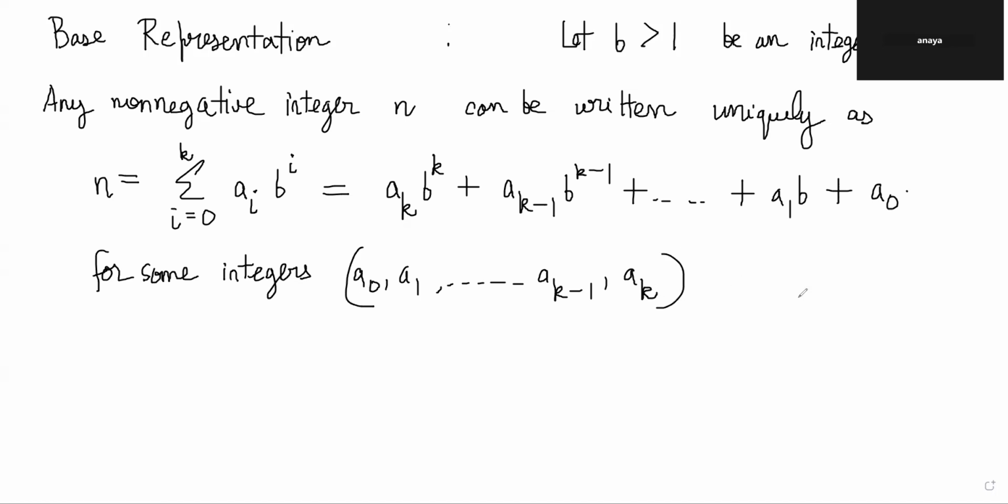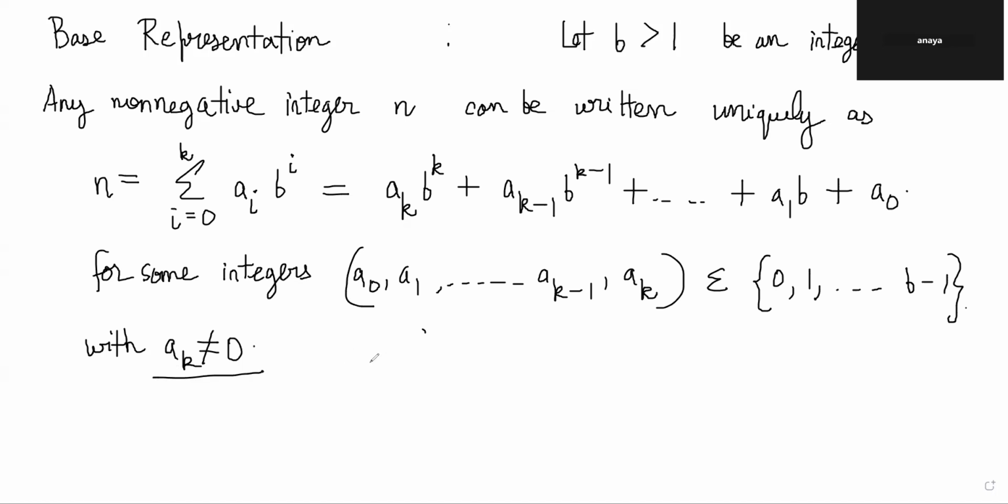These integers will always satisfy the condition that they are between 0 and b minus 1, with a_k not equal to 0 if k is greater than 0.